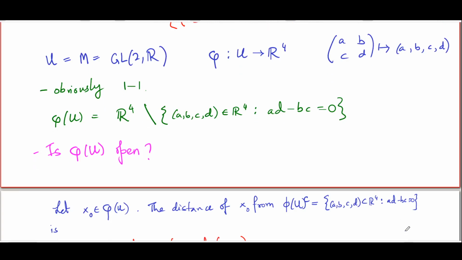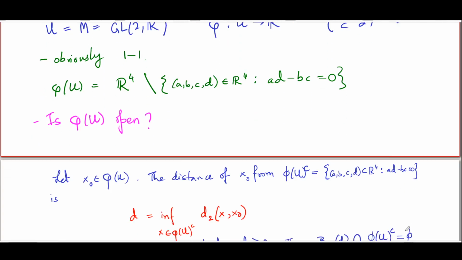To define the distance, what we need to do is to take any point x in phi u c, find the standard Euclidean distance of that point x from x0, and then find the infimum of these bunch of distances as x ranges all over the complement, or this hypersurface with AD equal to BC.